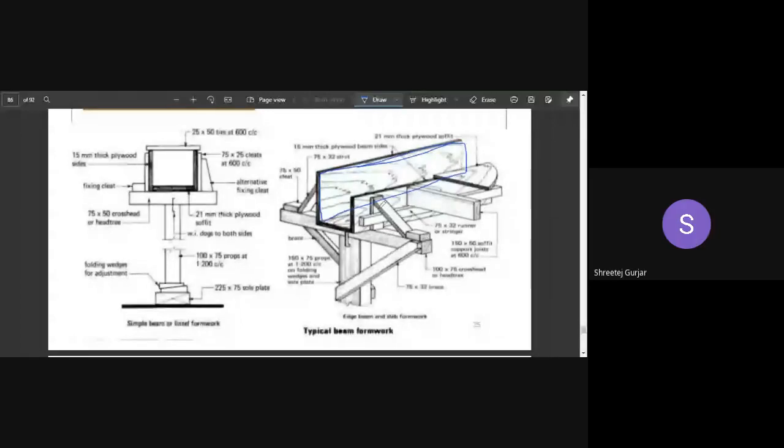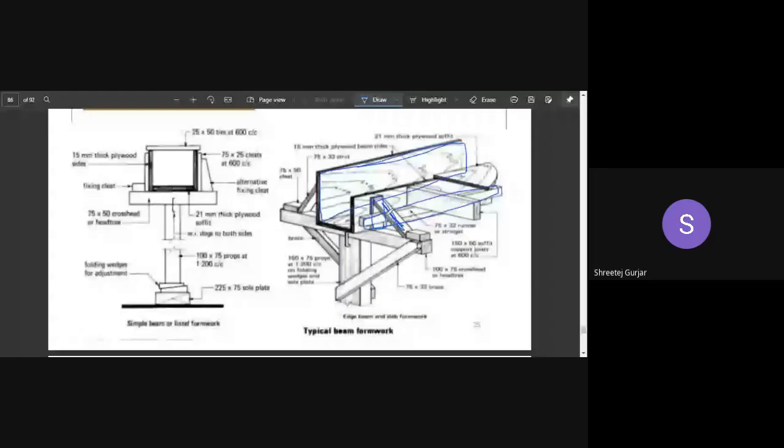This is also one batten which we have provided for support, and this is an inclined member for support, which is a strut. So this is also, you can see in cross section view.